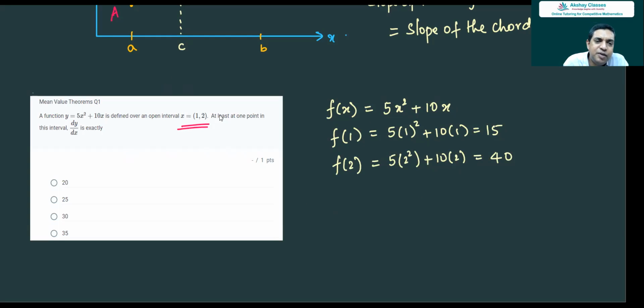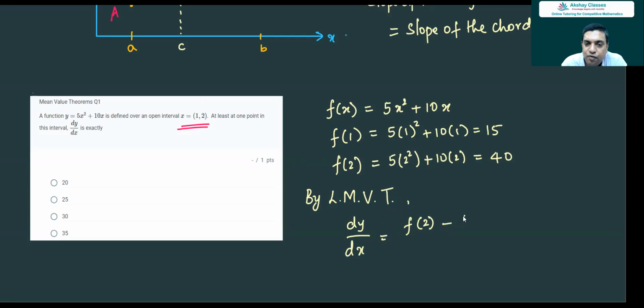Now there will be at least one point by Lagrange's mean value theorem where the derivative is equal to the slope of the chord joining the extremes, f of 2 minus f of 1 by 2 minus 1.